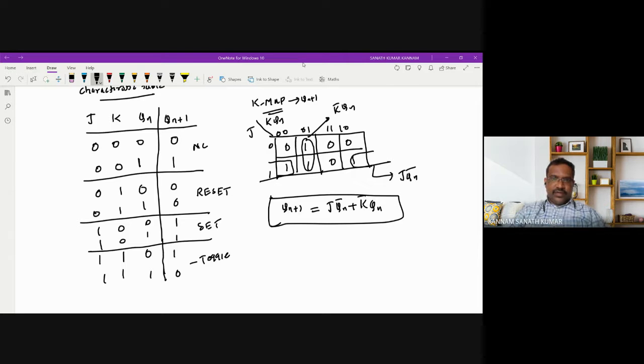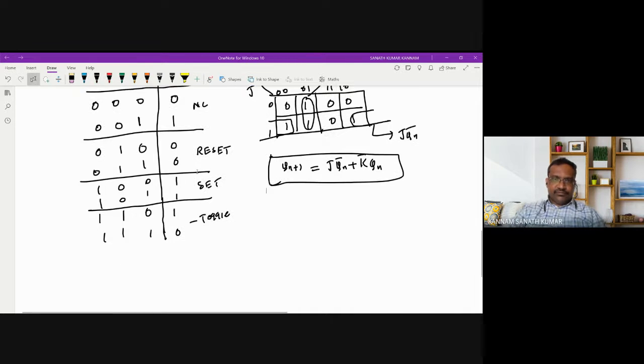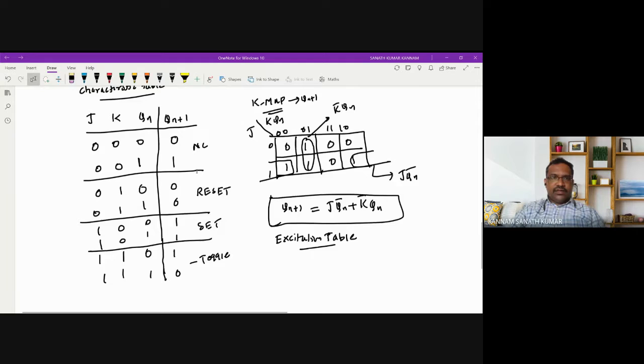And coming to the excitation table, these excitation tables are very important while you are analyzing counters and shift registers. Here I am drawing the excitation table.